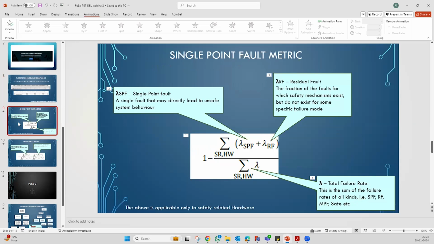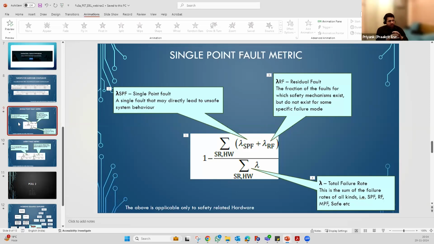Hi, sir. Can you explain this SPFM again? So what I understand is, it is the probability with which you can save a failure, a metric which can prevent the failure. Is it like that? No. First of all, let's go back to basics. These are random faults. You cannot control them. They will happen for sure.